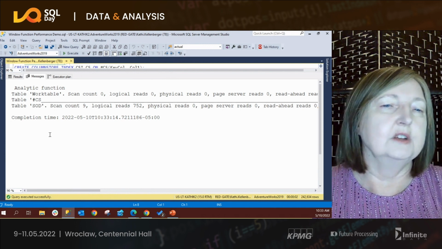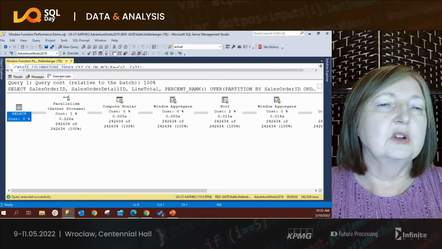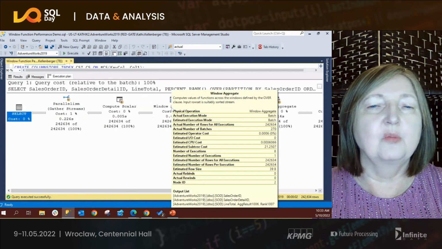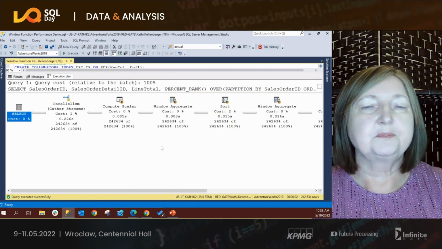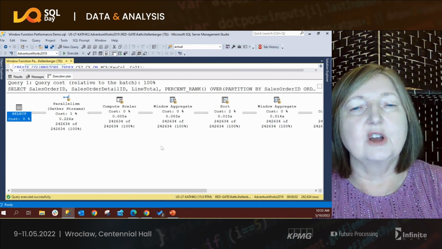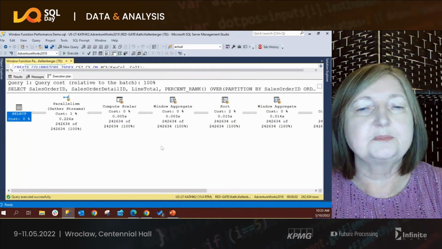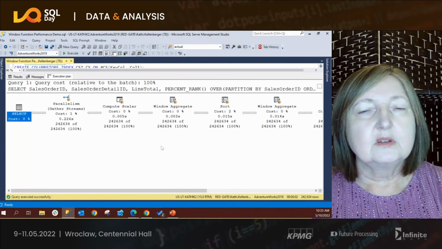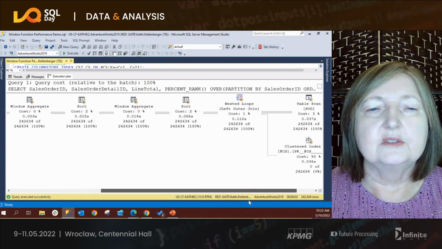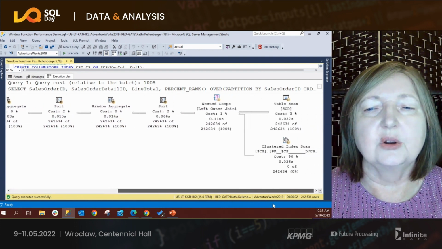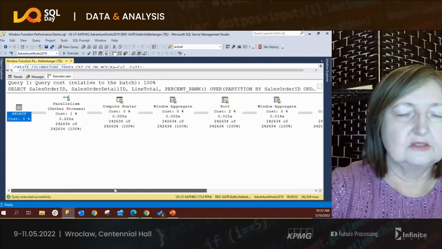So that's good. And I look at the execution plan, I see that window aggregate that I like to see. All those previous operators, the table spools that I was seeing before, are gone. So that will work.